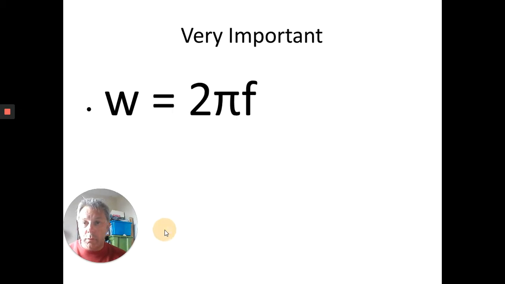Now, another important thing is omega. Okay, in circular motion, omega was 2 pi f. Okay, and omega was angular velocity. Now, we still use omega in this, okay, but it now means angular frequency. Okay, but it's still 2 pi f. Everything else is the same. We just call it angular frequency rather than angular velocity.